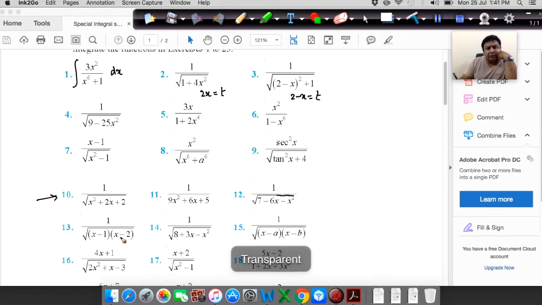So next set of sums are these, linear upon quadratic.